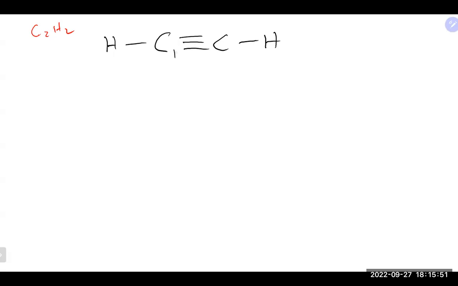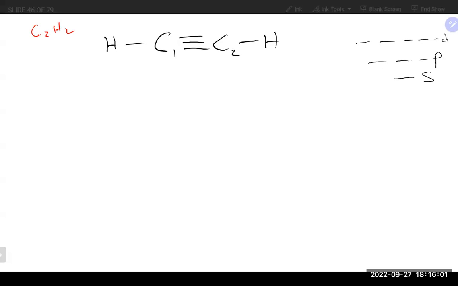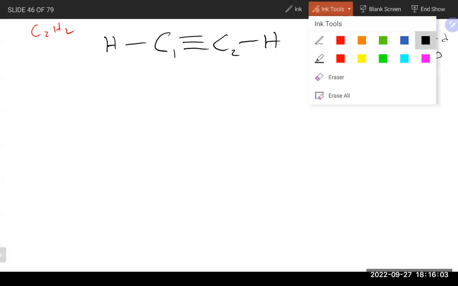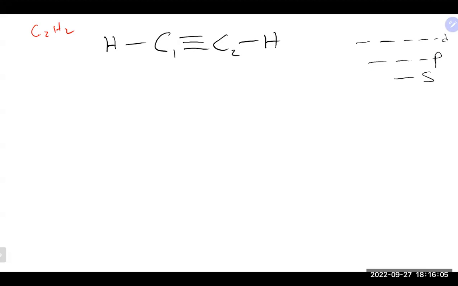So we got carbon 1, we got carbon 2. Hybridization of carbon 1 is, what do you think? It is sp. It's got one electron pair here.